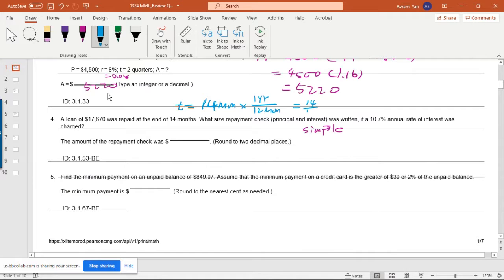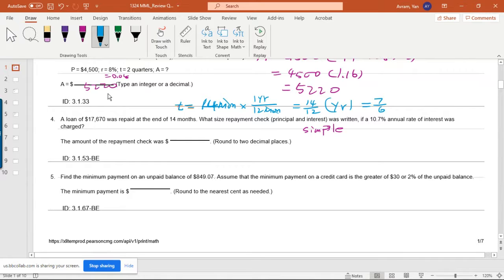So this will be 14 over 12 years. Months and months cancel out. That is another way you can do the calculation, and you can simplify this one. This is 7 over 6. So that's for the T, right?